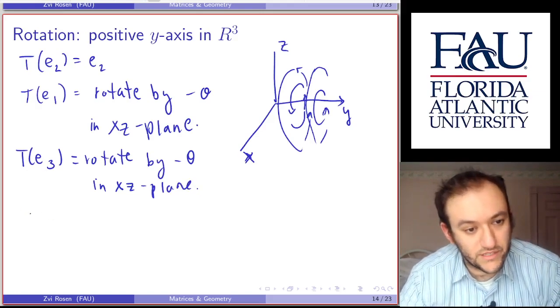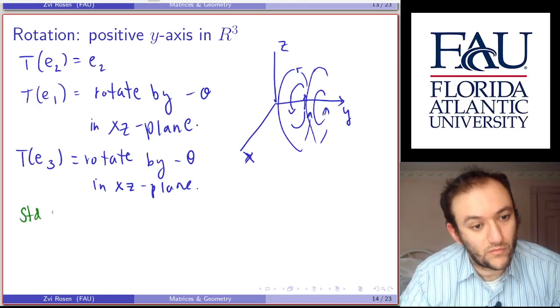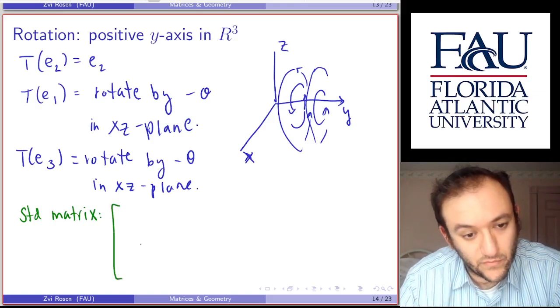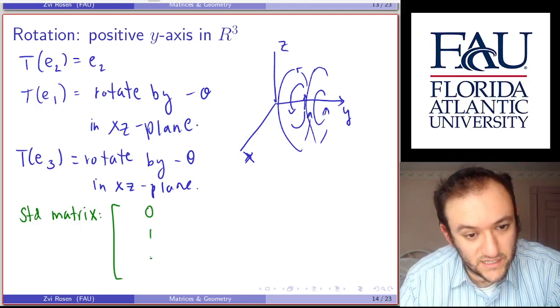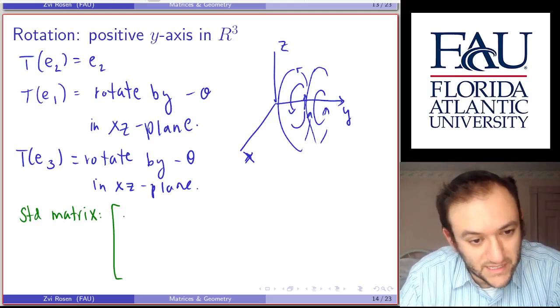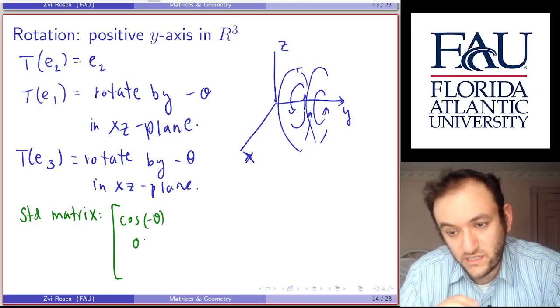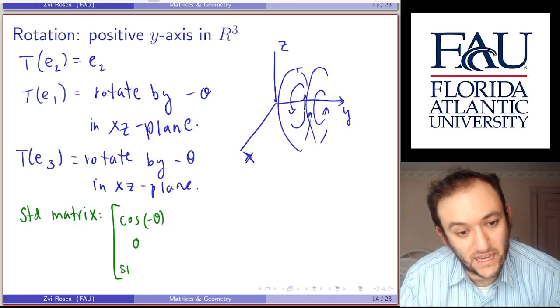So our standard matrix becomes, well, the second column is easiest, 0, 1, 0, but I need space for T of E1. We're rotating by minus theta, so that's going to look like cosine of minus theta. The y-coordinate doesn't get affected because we're in the xz plane. And then sine of minus theta. Then we have 0, 1, 0.